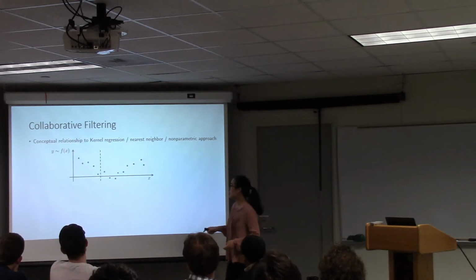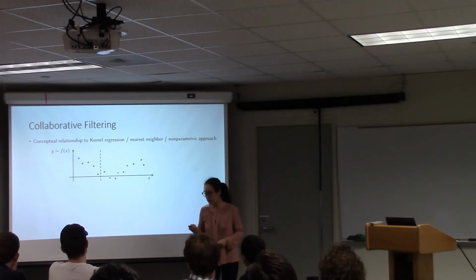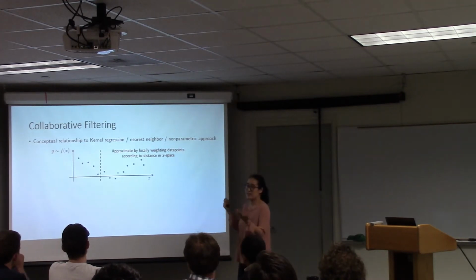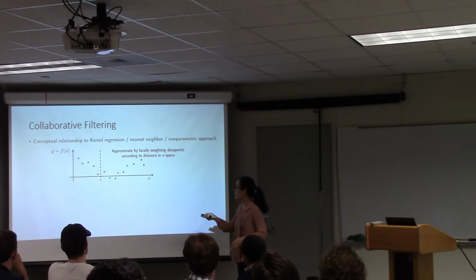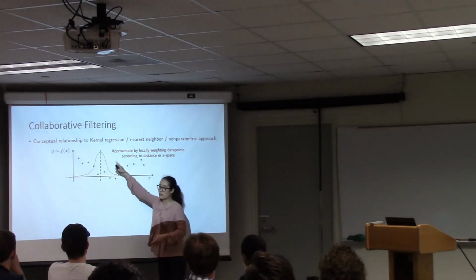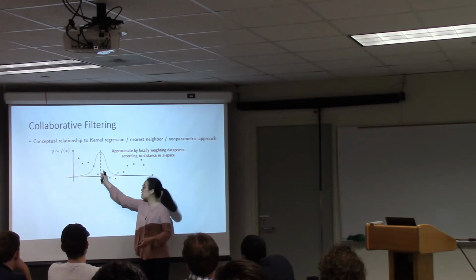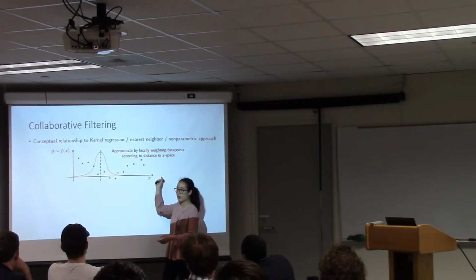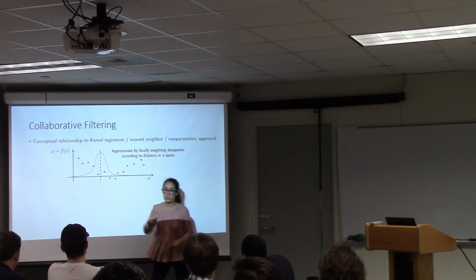If we want to predict this function f of x at some new covariate value x, something natural we might try is to approximate this function by locally weighting the data points according to their distance in the x space. For example, this might be my kernel function, and this kernel function puts high weight on points that are near to this point and low weight on points that are far. And as a result, I get a smooth estimate of this function.